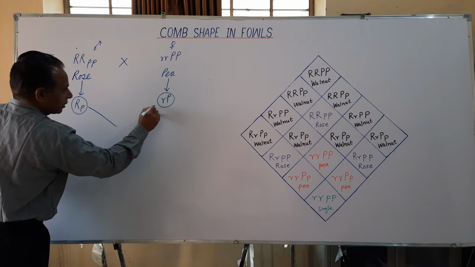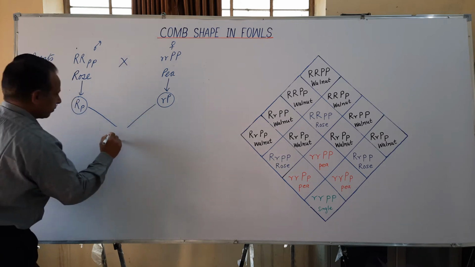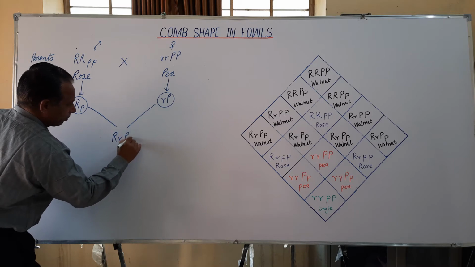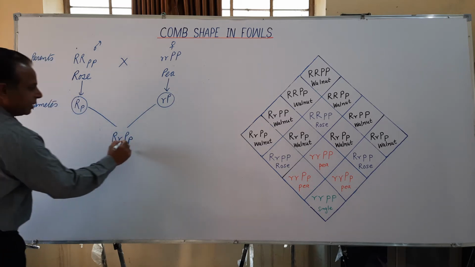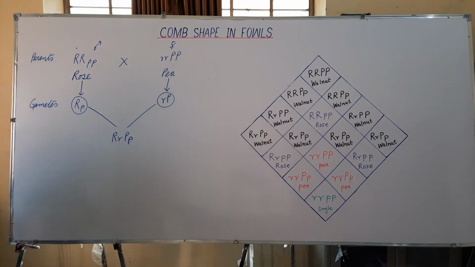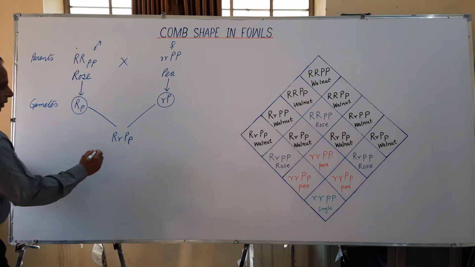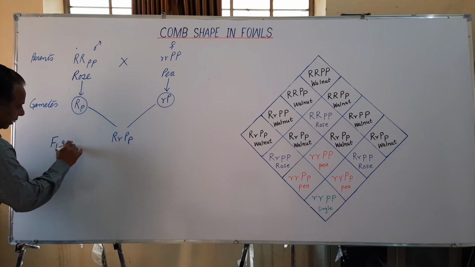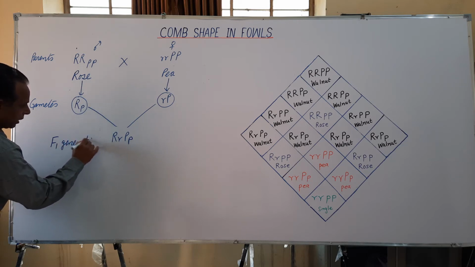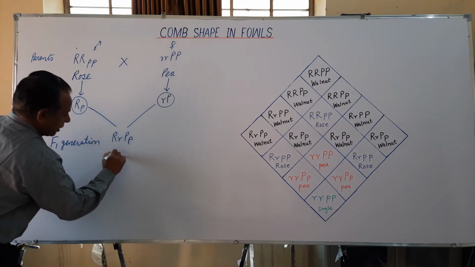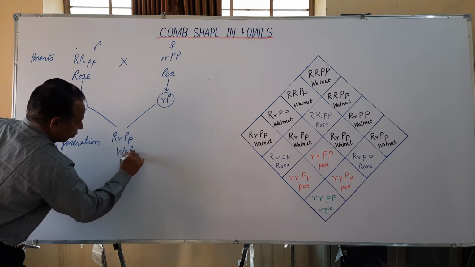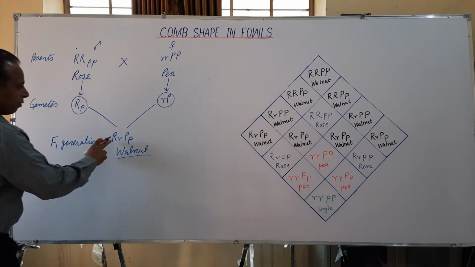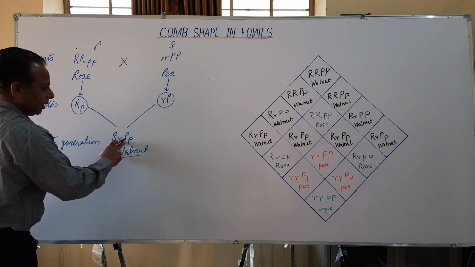When these gametes are fused together, capital R small r, capital P small p, which is hybrid or heterozygous in both the genes, and phenotypically the F1 generation or progeny possess walnut comb, because in this case both dominant R and P are present together.